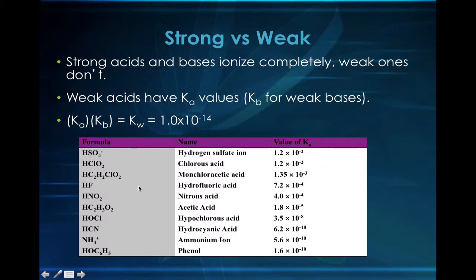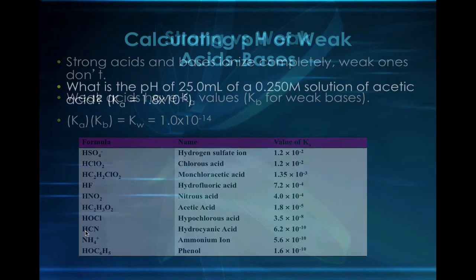So if you know one, you can find the other. So I have chlorous acid. Well, I could figure out the chlorite ion and what its Kb value is, because I can use this expression right here. So if we know one, we can go conjugate acid-base and figure out the other.